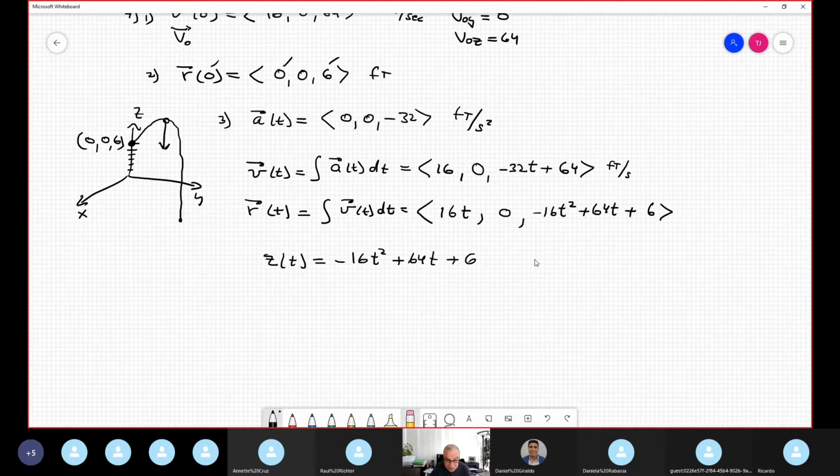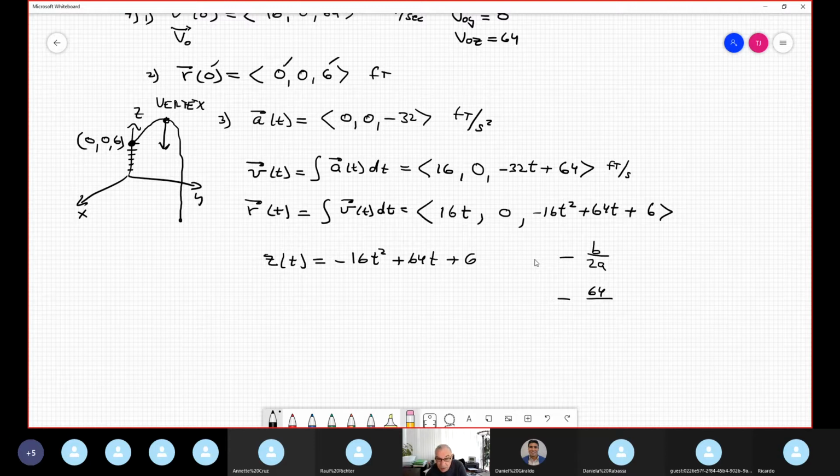And I know que the vertex of this parabola occurs at the point minus b over 2a. I suppose que you remember very well that formula, no? Call it algebra, minus b over 2a. Minus b is 64. Okay, it's a quadratic equation, no? ABC, no?